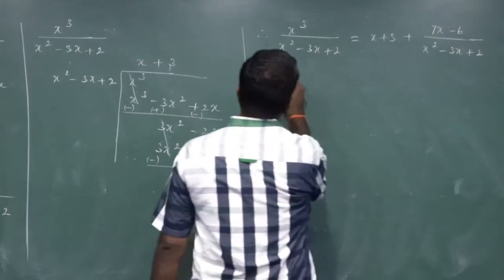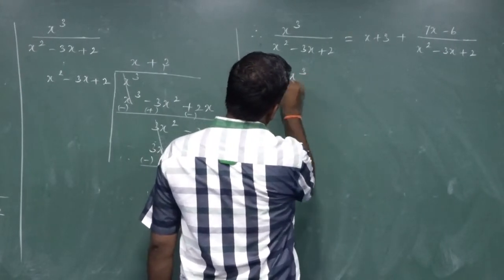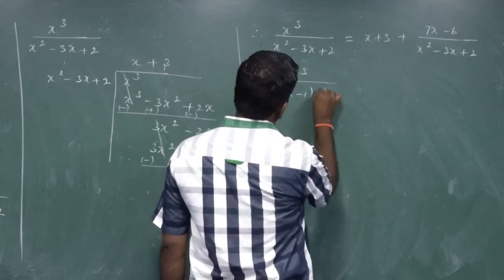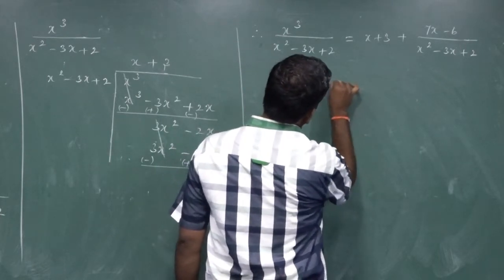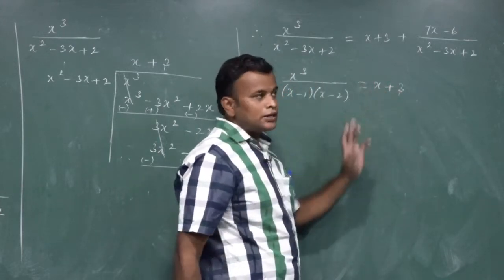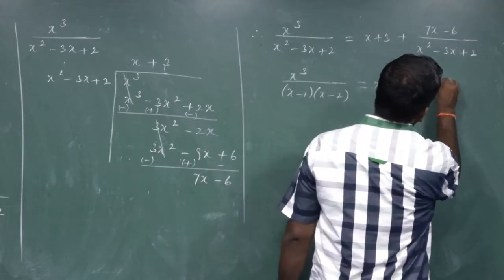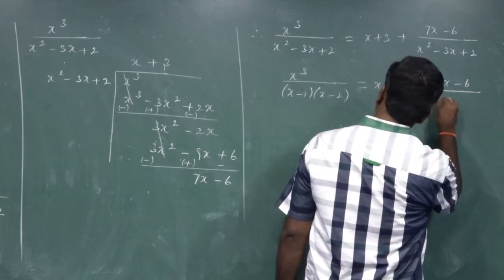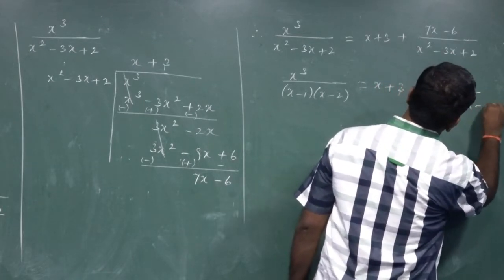Therefore we write again in factor form: x cubed divided by (x minus 1)(x minus 2) is equal to x plus 3 plus (7x minus 6) divided by (x minus 1)(x minus 2).